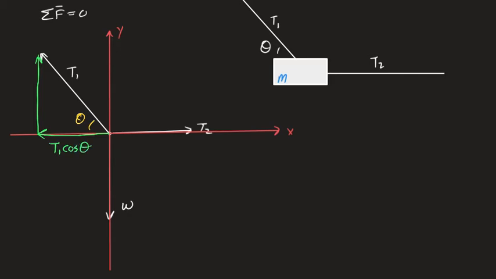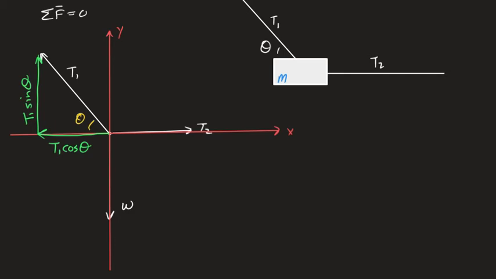Because it's on the adjacent side, so it's the cosine. And this one is T1 sine theta. If you can't do that, you need to make sure that you are figuring out why I wrote cosine and sine where I did. And you'll need to be good at it. So if you don't understand this, you should probably come and see me.